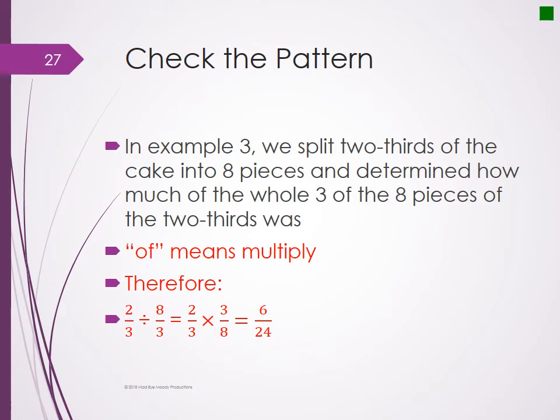So 2/3 divided by 8, so divided into 8 pieces, and then looking at 3 of those pieces, so 2/3 divided by 8/3, is the same thing as 2/3 times 3/8. We're finding 3/8 of the 2/3, and that gives us 6/24. So again, inverse. I can do inverse operations, and I get the same thing. Dividing by 8/3 is the same thing as multiplying by 3/8.